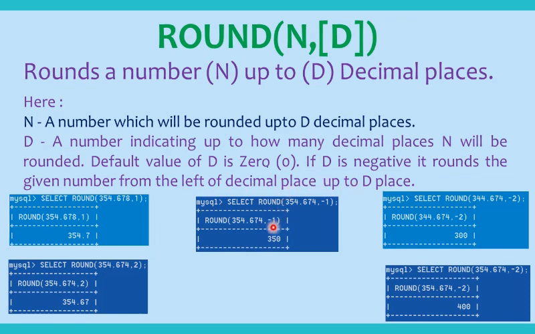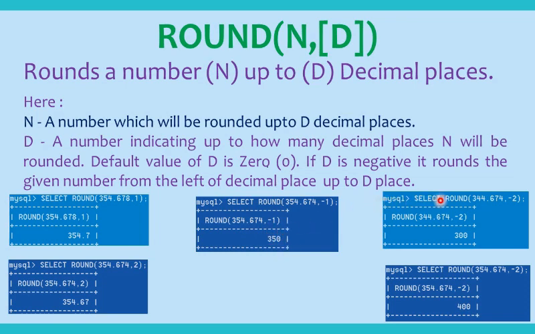It means now this number will be rounded from the left of this decimal place up to d decimal places, means up to 1 decimal place, means this 4 will be rounded and here 0 will be written. Now output we get, that is 350.